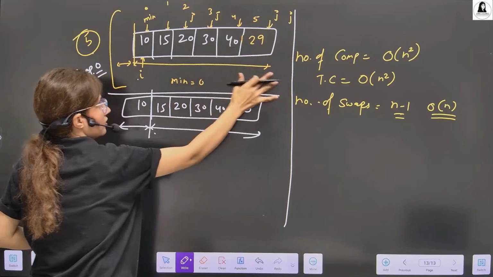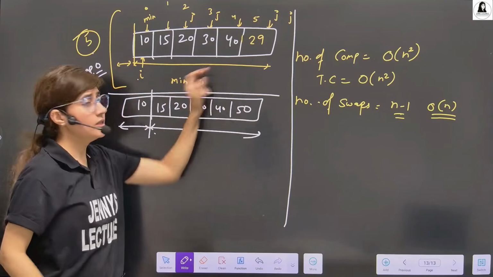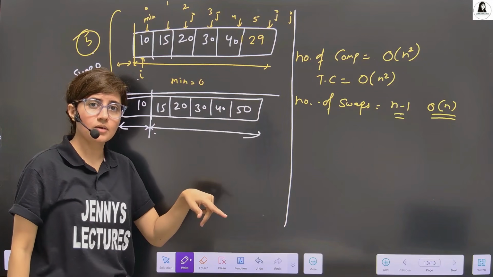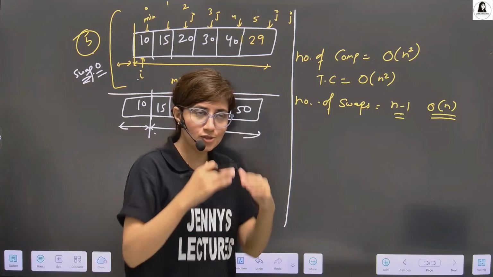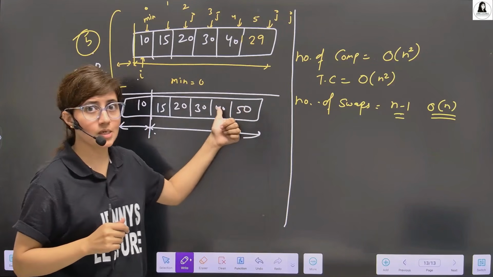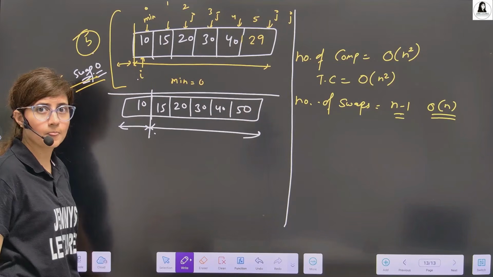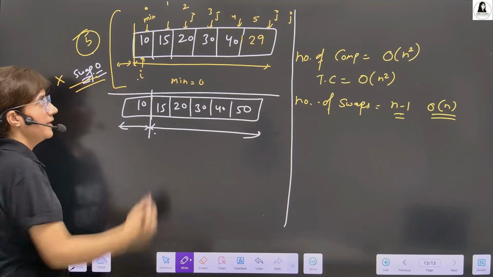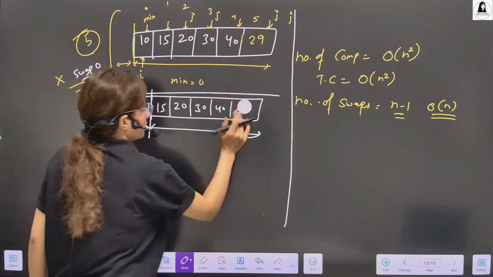No. So j plus plus, and that's it. So no swapping is done. So it's not that if there is no swapping, then the data is already sorted, like we have done in bubble sorting. If there is no swapping in bubble sort, data is already sorted, so no need to go further, but not in this case. In this case also we don't need any swap, but the array is not sorted. We can't say it's sorted. It's 29.